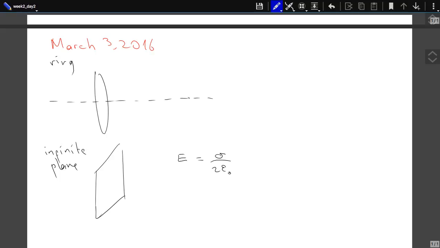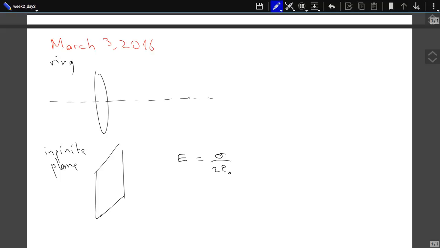Okay, so today let's start with a different concept, the electric field lines. I didn't mention the electric field lines up to this point. When we were defining the electric field, for example, when we were discussing the electric field of a point charge, if you remember the way we defined it, at this point we just put a test charge over there, calculate the force acting on this test charge, divide by q prime, and take the limit as q prime goes to 0.